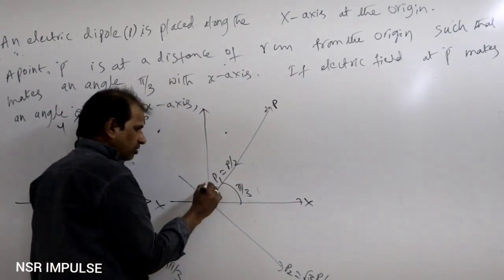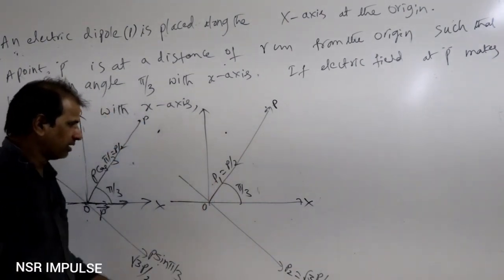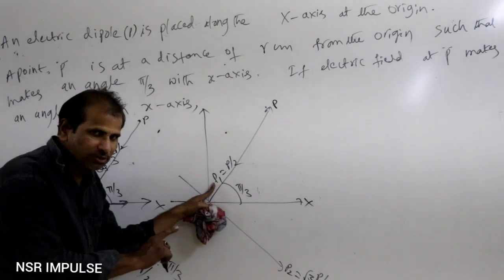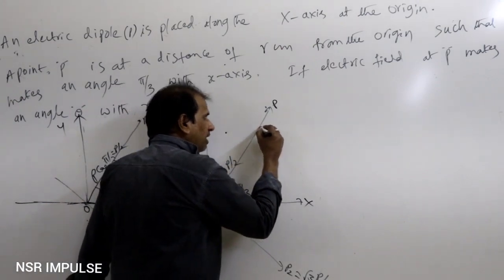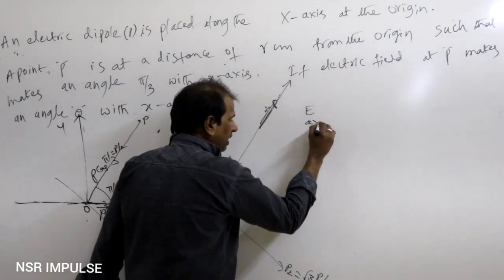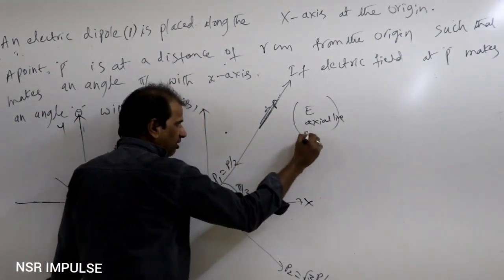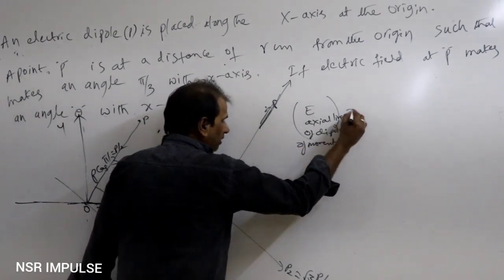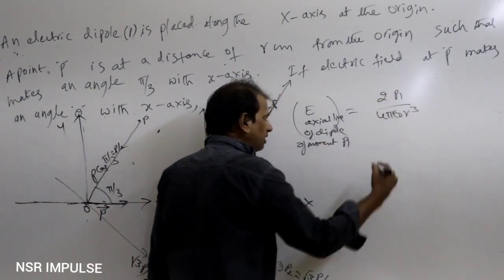So this is the first dipole. First dipole of what moment? P1 moment. For the dipole of moment P1, this line becomes which line? Axial line. So field on the axial line of dipole of moment P1 is equal to 2P1 by 4 pi epsilon naught r cube.